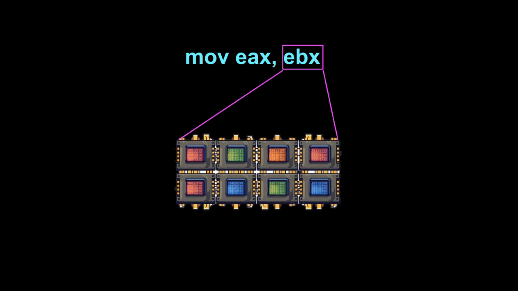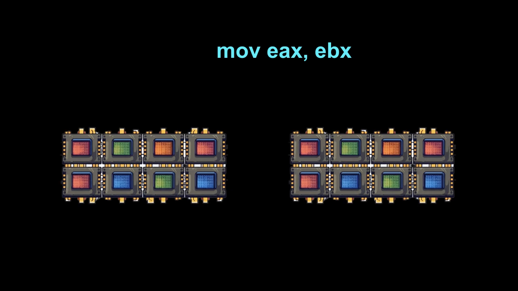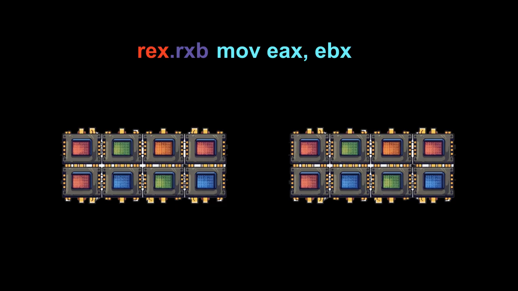But then it had 64-bit. How do we address 16 registers with 3 bits in the machine instruction operand? Well, what they did was basically hack it a little bit to make it work. They were like, well, remember there was this prefix that gets ignored if you add it more than once?